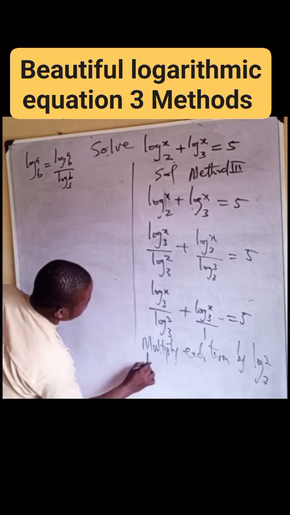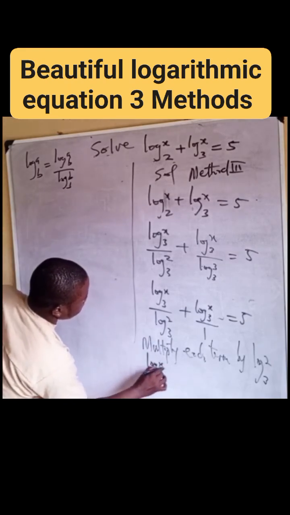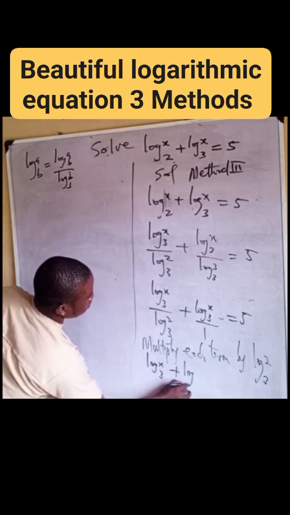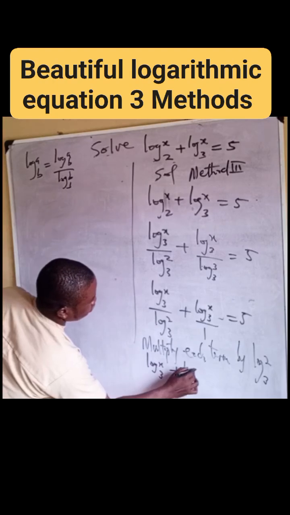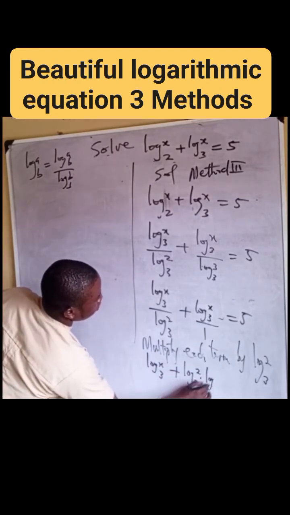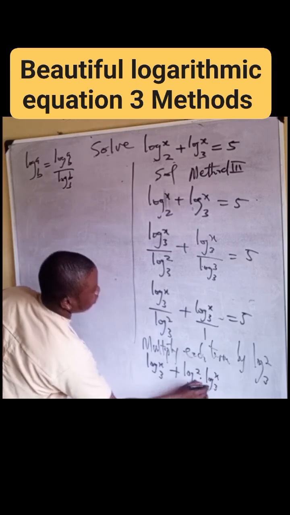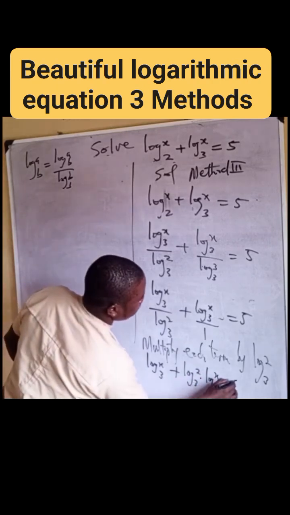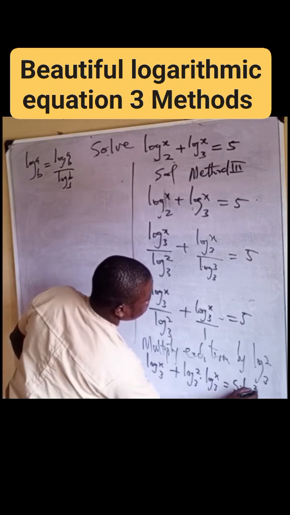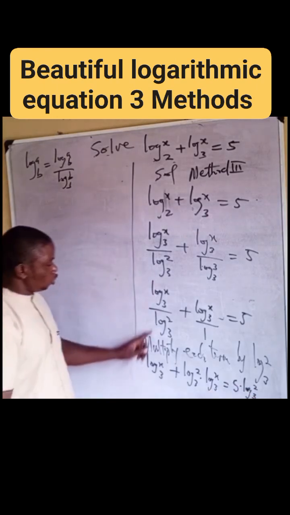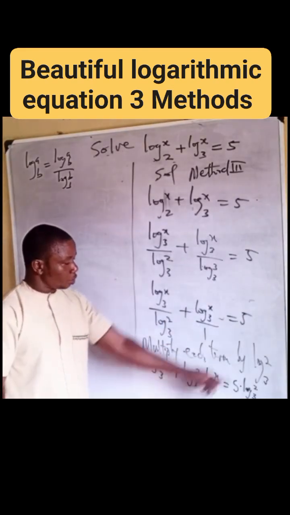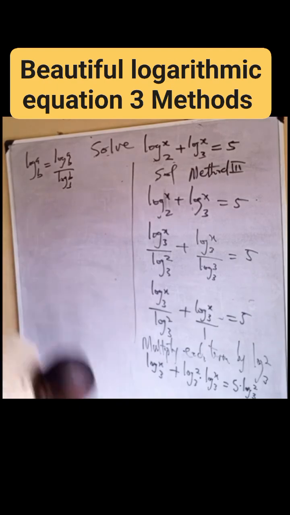So we are left with log x base 3 plus log 2 base 3 times log x base 3 is equal to 5 times log 2 base 3. So you see what we did? We used log 2 base 3 to multiply here, gives us this, multiply here, gives us this, multiply here, gives us this. So we continue from there.